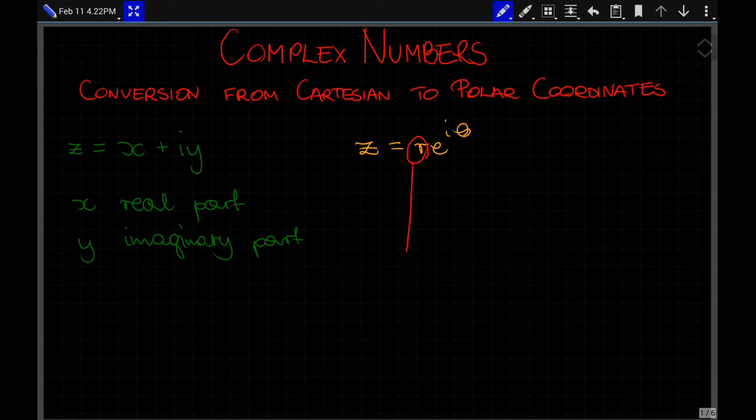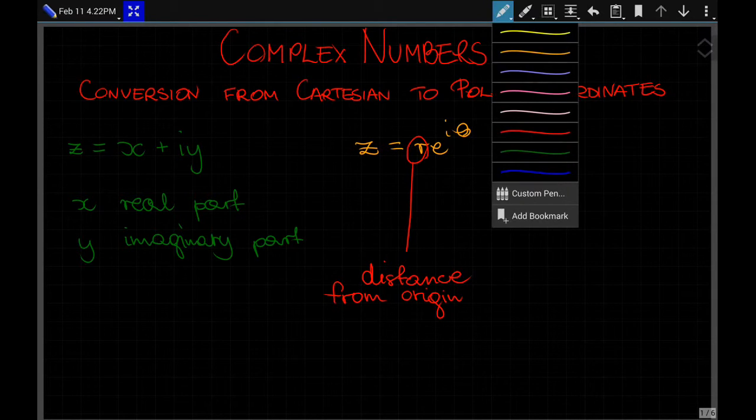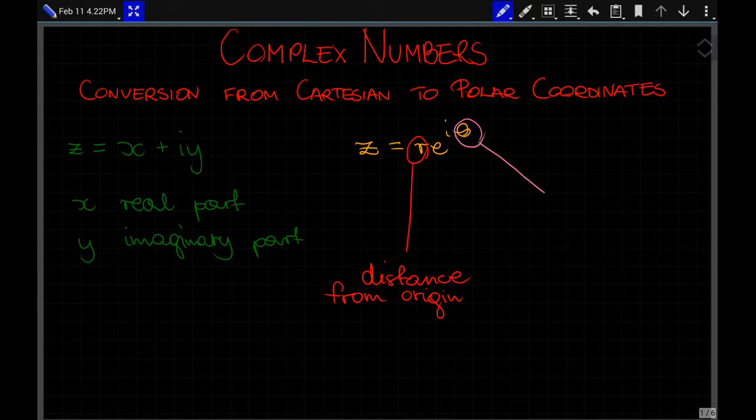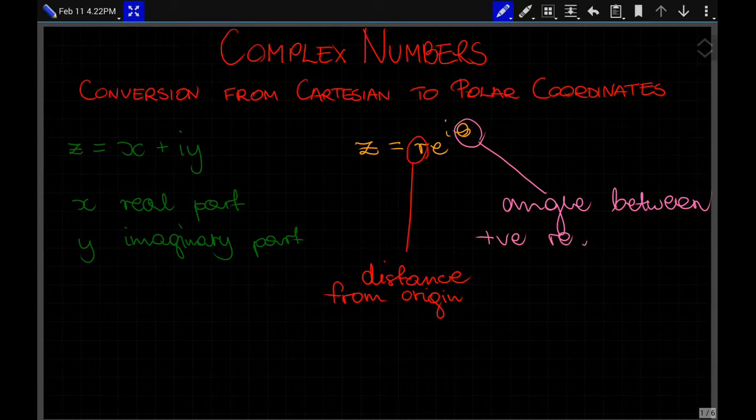So r is the distance from the origin and theta is the angle between the positive real axis and z, or the line connecting z and the origin.